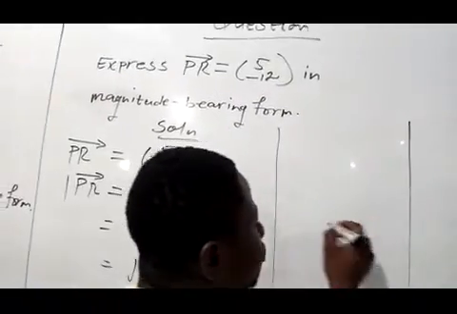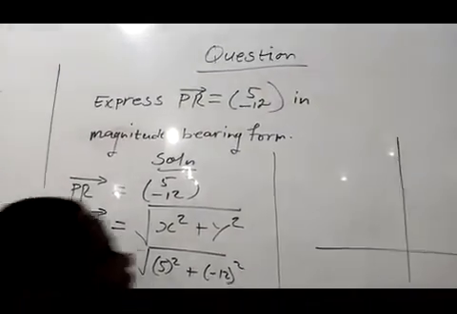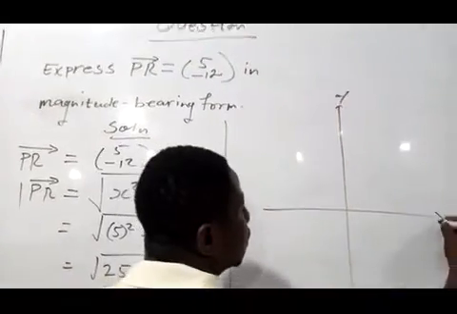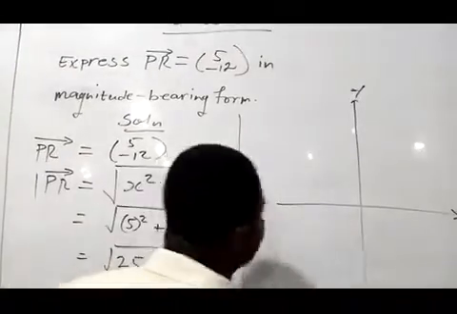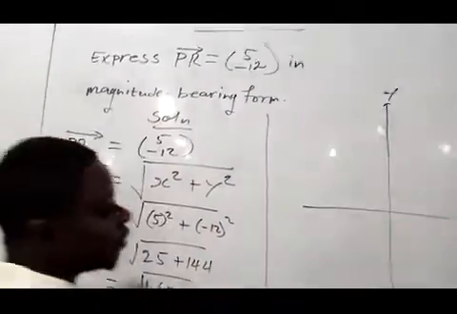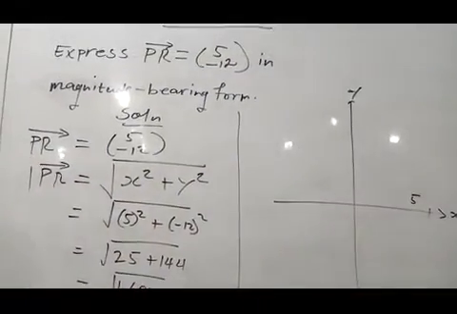Now let's represent this on the Cartesian plane. This time round, we realize that the x is going to be on the positive side because it's positive 5. So we have 5 here, but then the y is negative 12.